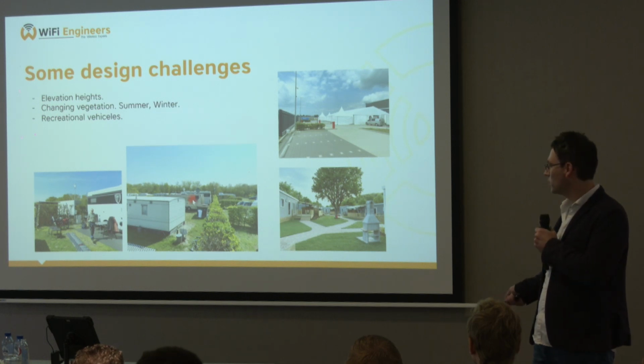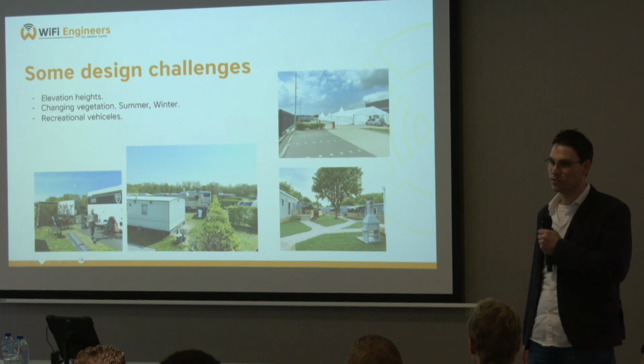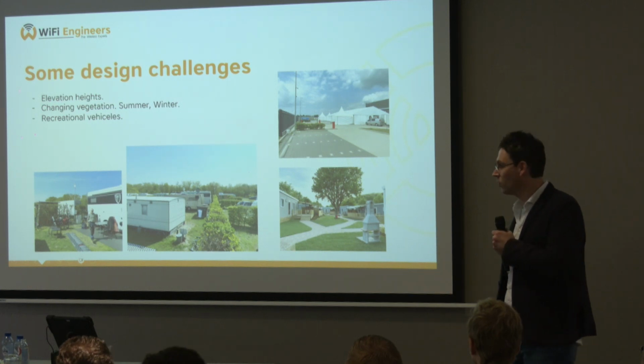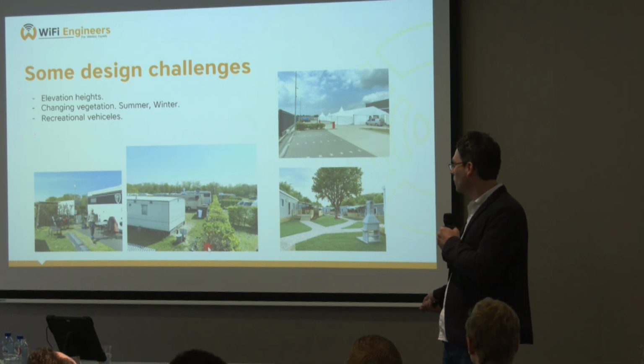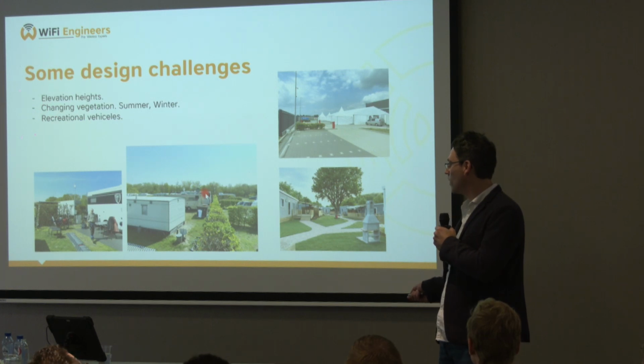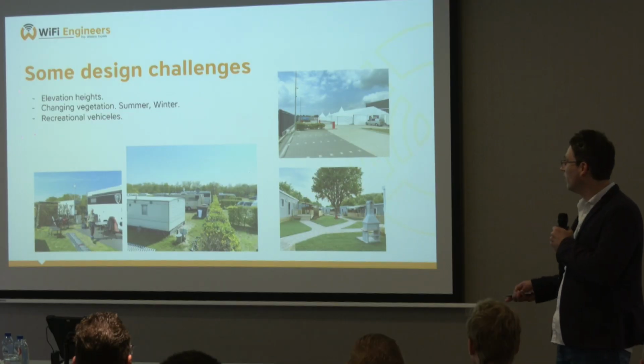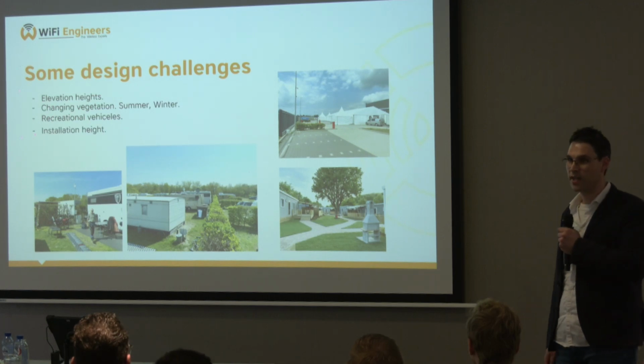A typical camper has a height of 3.2 meters. This one is approximately 50 to 75 centimeters higher. So you need to keep that in mind. If your customer, for example, has that kind of customers using this property, make sure your APs are installed high enough. So the installation height does matter.